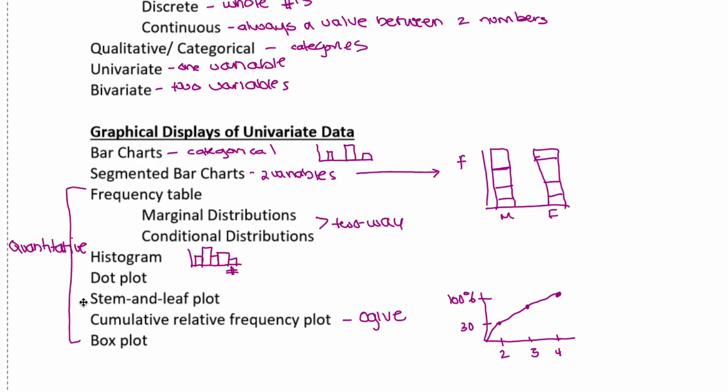A dot plot is just a bunch of dots for each category, and a stem and leaf plot is like drawing a tree where the center is the trunk and you have a lot of leaves and branches extending out. And the cumulative relative frequency plot is also called the ogive curve.